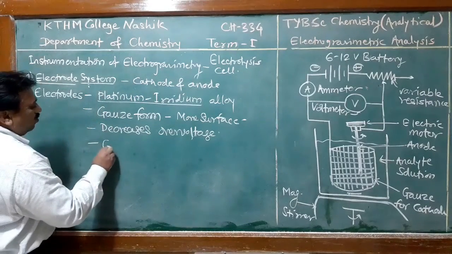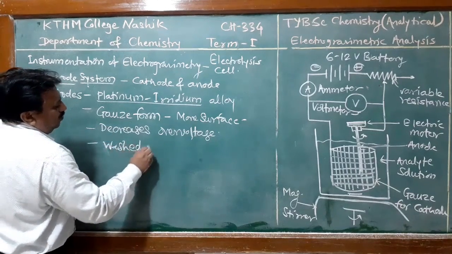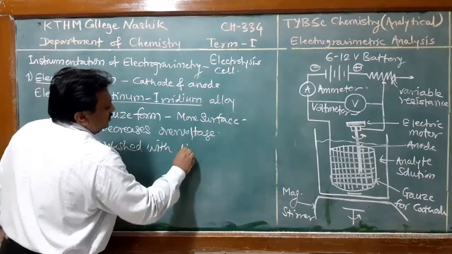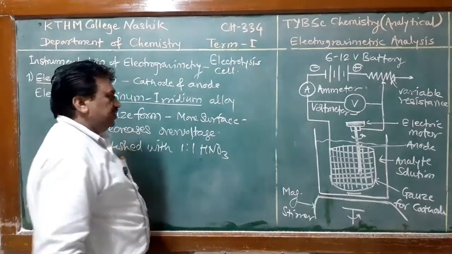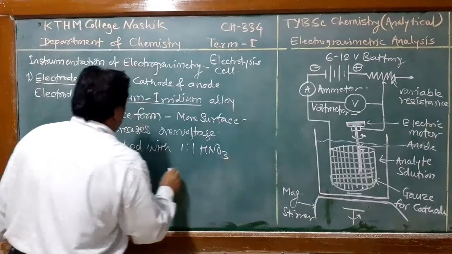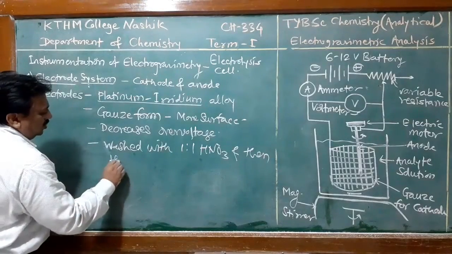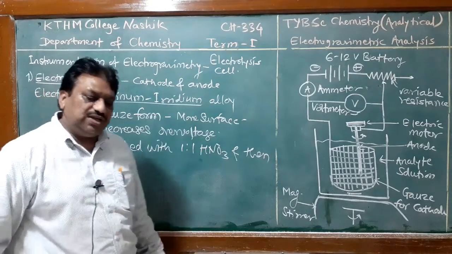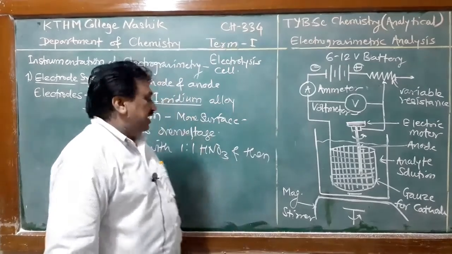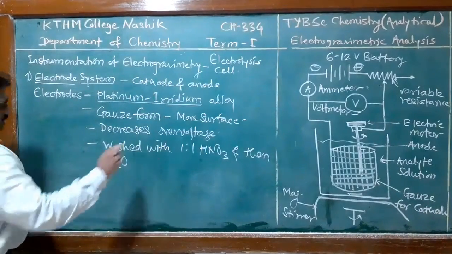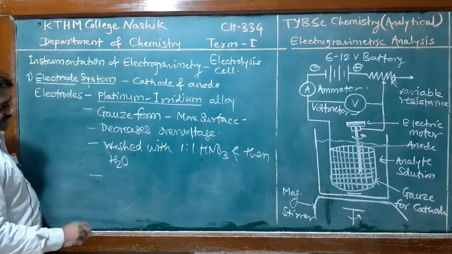Therefore, electrodes are washed with 1:1 HNO3 solution or 50% nitric acid solution, and after that they are washed with water, and then with distilled water. After that they are dried in an oven and then placed in the electrolysis vessel.